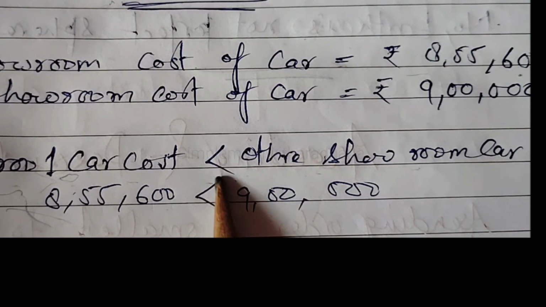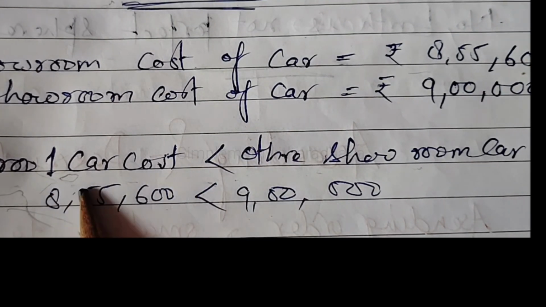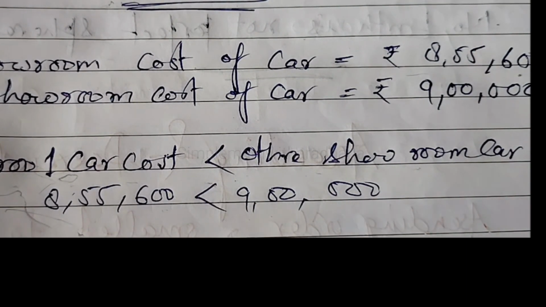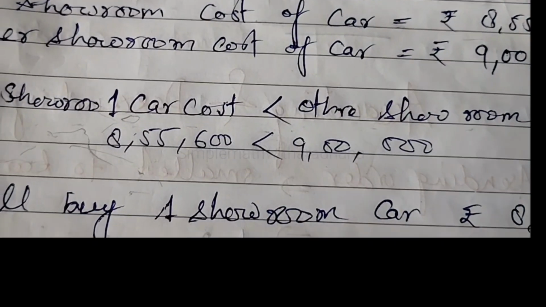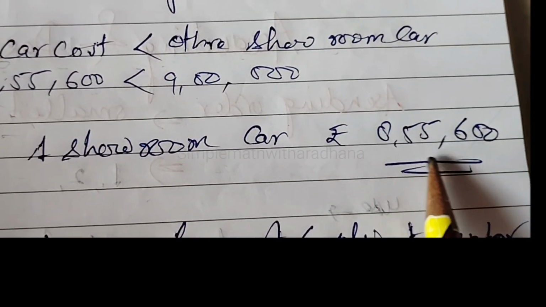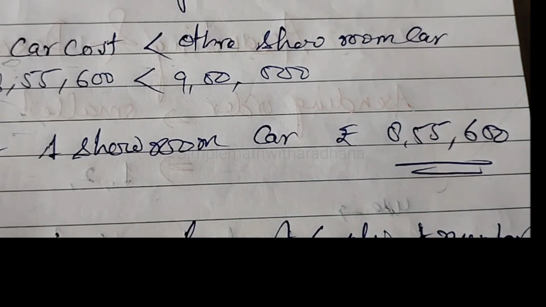Here we can see the symbols smaller than and greater than. So 8,55,600 is smaller than 9 lakh. So the answer will be he will buy the first showroom car for rupees 8,55,600. Correct? You can write like this.